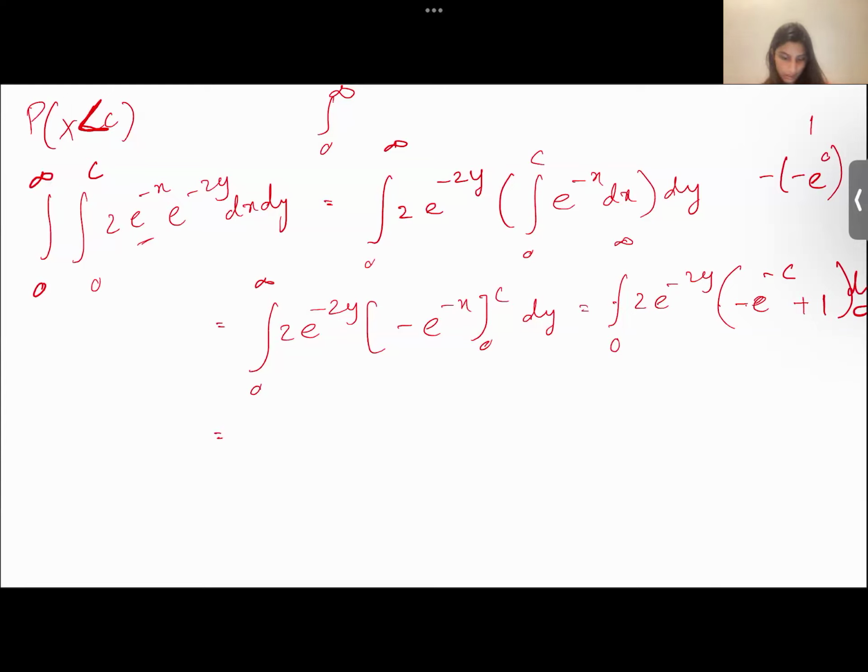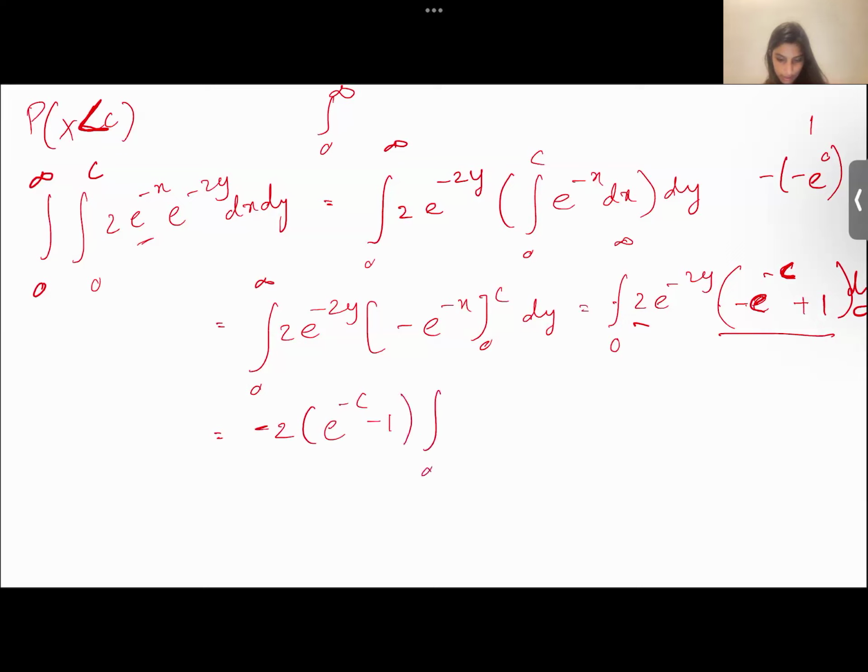Now we take all the constants outside. All of these are constants because e power c is constant. There's no x, y here. So 2 is a constant. You keep the minus outside. So it becomes e power minus c minus 1.